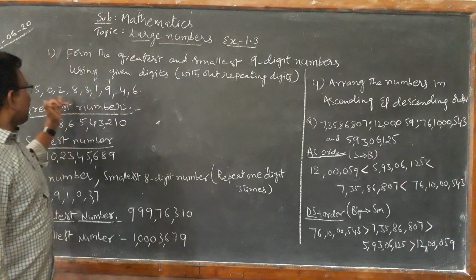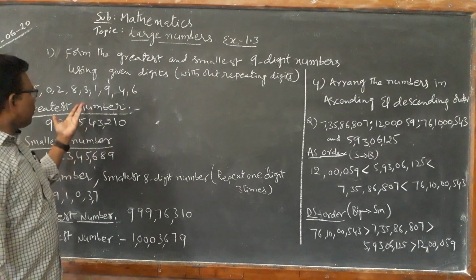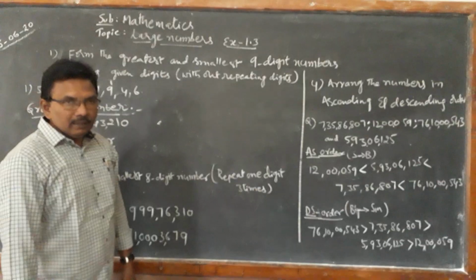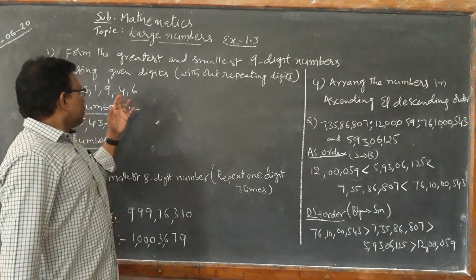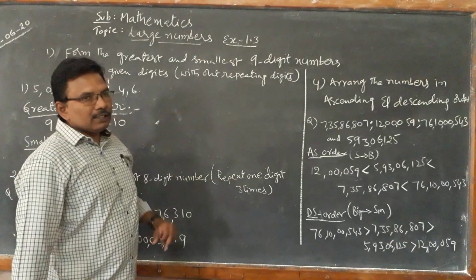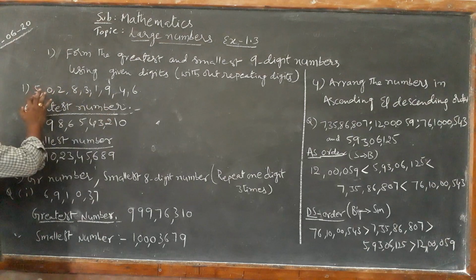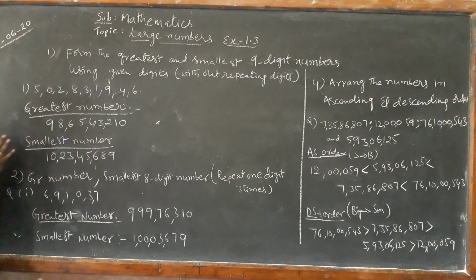Whatever given digits are 9, without repeating, we can write the smallest number and greatest number. If you repeat, the digits may change. So you should get only 9 digits. For that, don't repeat, and write the greatest number and smallest number by using these digits.